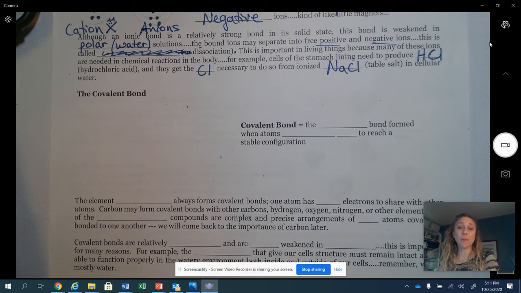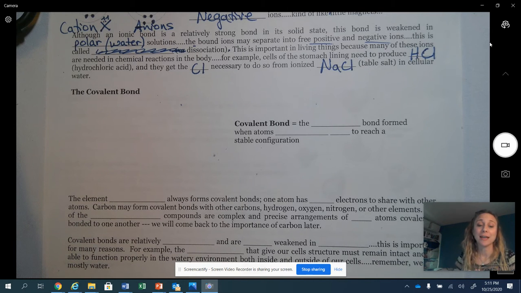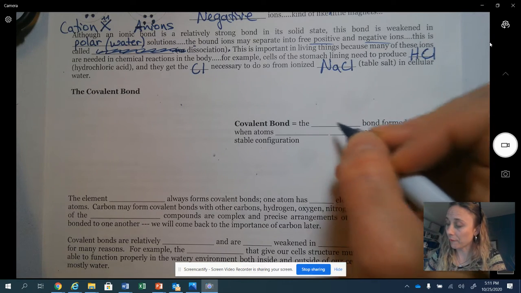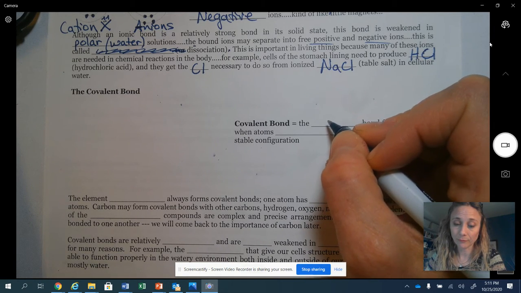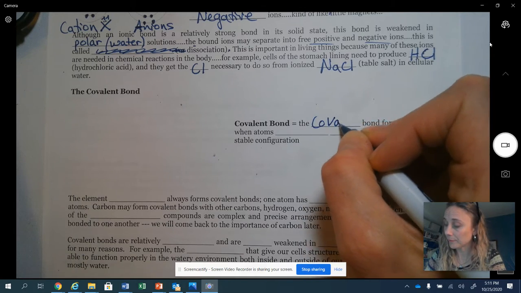So we're going to talk about another type of bond, the covalent bond. You think of covalent, you think of coworkers and you share office space in your company. You're all in this together. They like to share electrons. Okay, so a covalent bond is when electrons are shared.